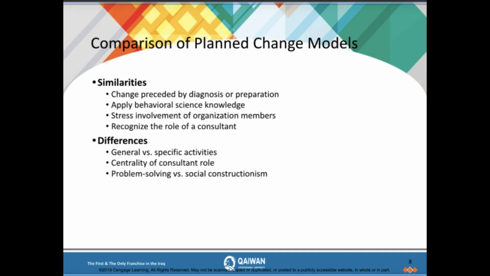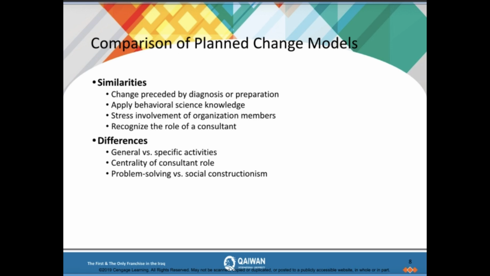So now let's look at the differences. First, the models differ in general versus specific activities. In Lewin's model, it is simple and general, while action research and continuous change have very specific steps and cycles.